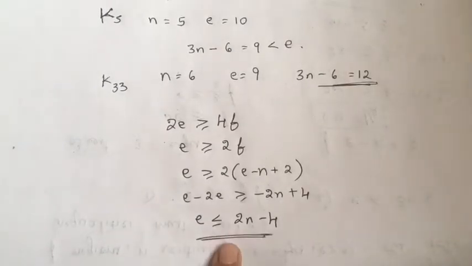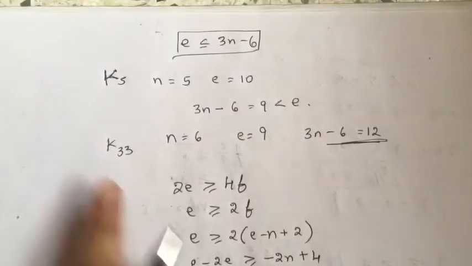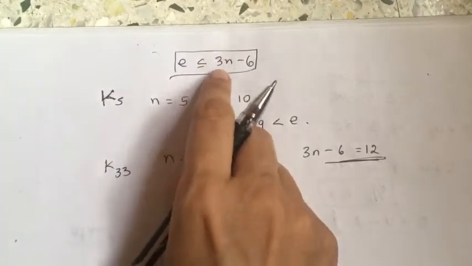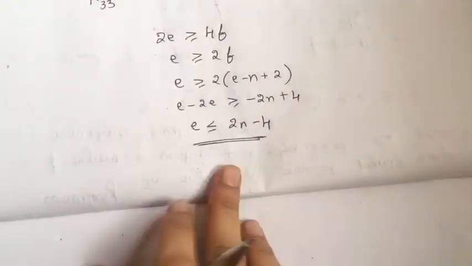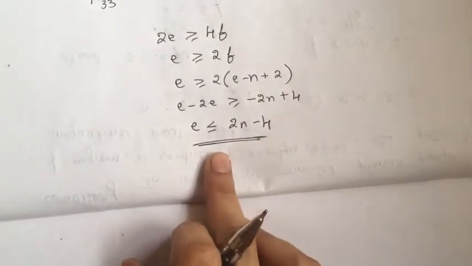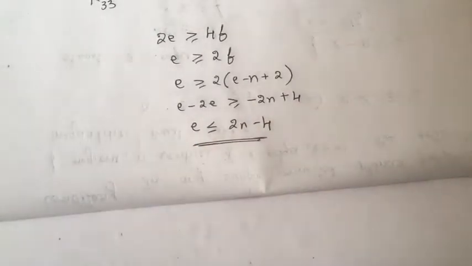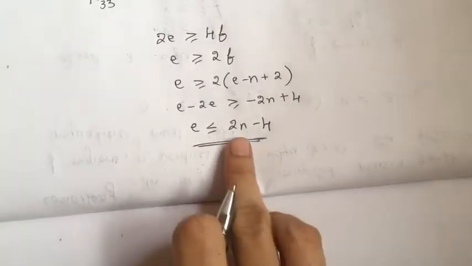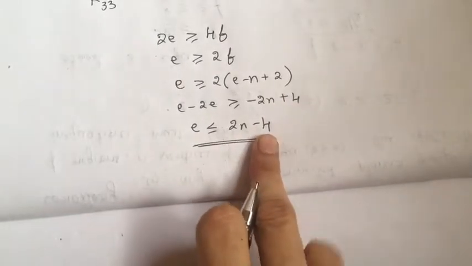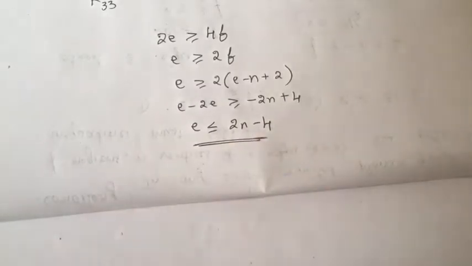So the formula is changed when you consider K3,3, so I can't use the earlier one. For K3,3, e is 9 and n is 6. If I use the formula 2n minus 4, then 9 is less than or equal to 8, which is not true. Therefore, K3,3 is non-planar.